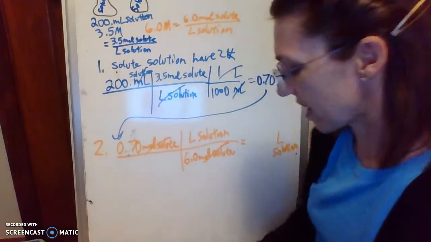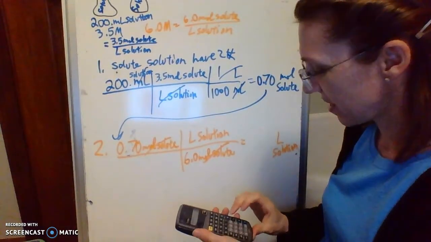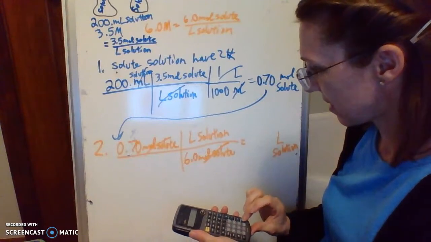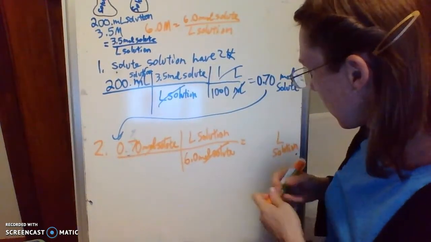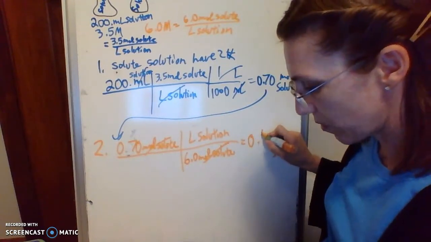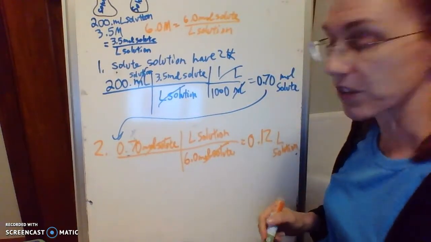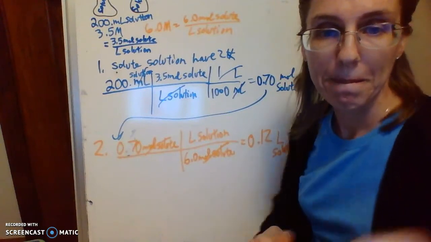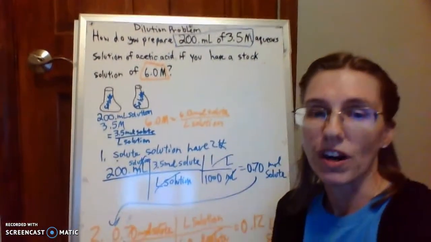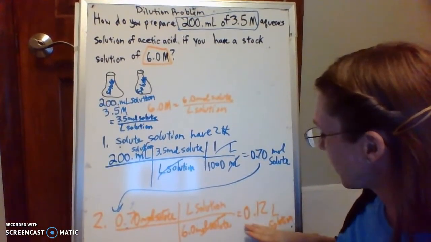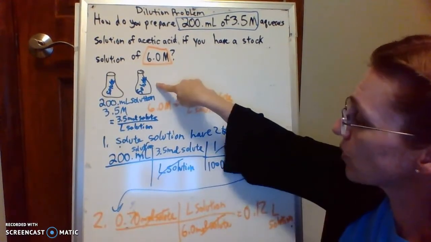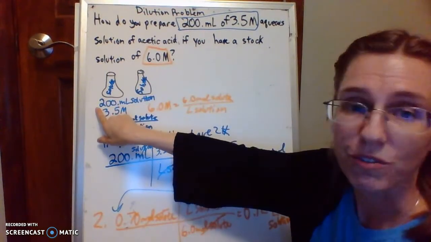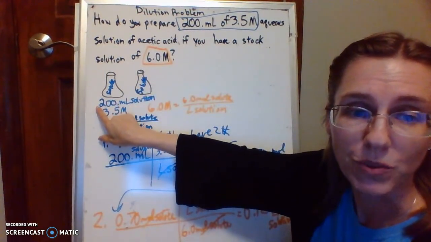So we can do that calculation, 0.7 divided by 6, and we get 0.12 liters of solution. Okay. Now it asked us for how to make this solution, so we're going to take 0.12 liters of this solution, add water until we get to a final volume of 200 milliliters.